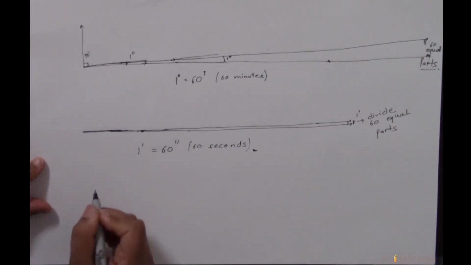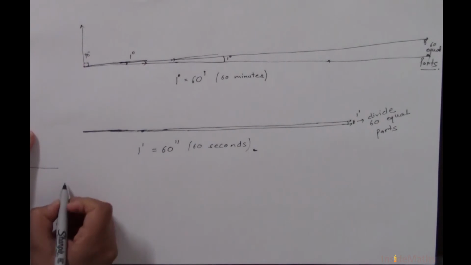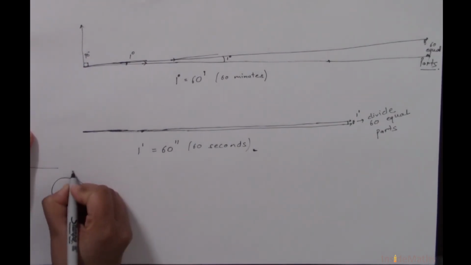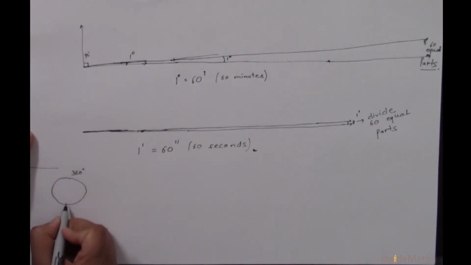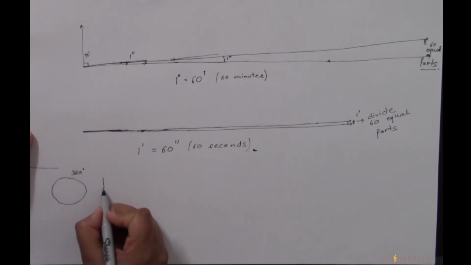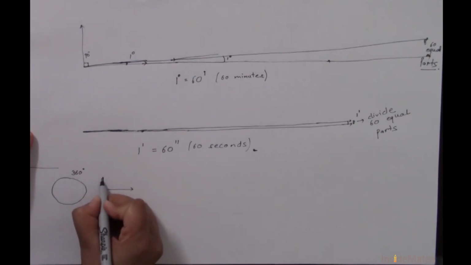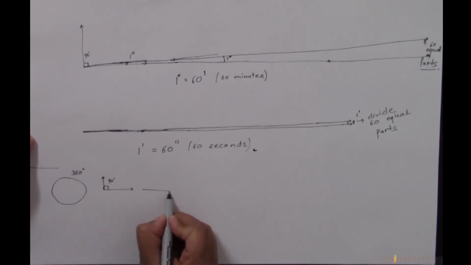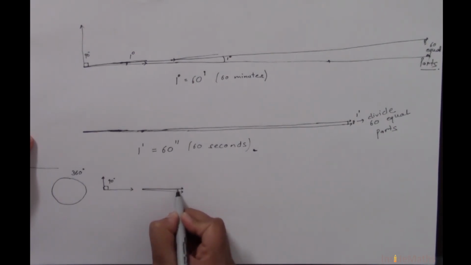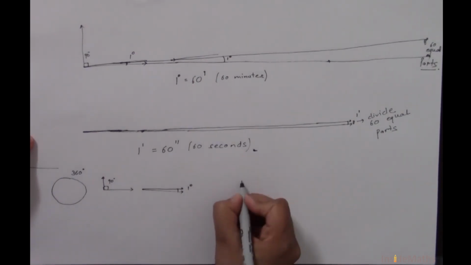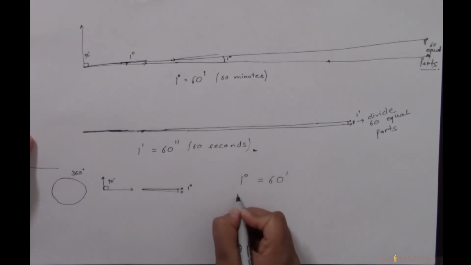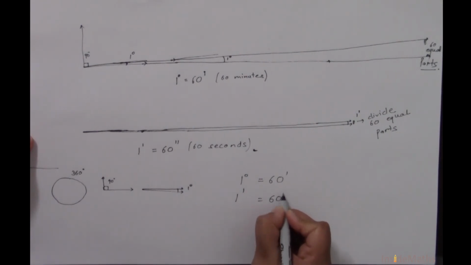So here I'll write, if I measure a circle, there are 360 degrees. If I take a quarter of the circle, then there are 90 degrees. If I talk about the angle with measure 1 degree, then 1 degree is equal to 60 minutes and 1 minute is equal to 60 seconds.